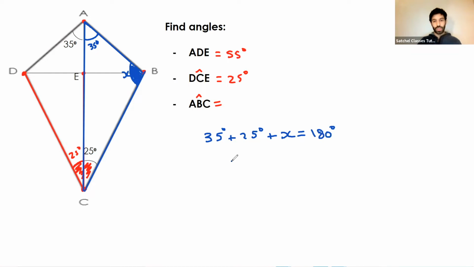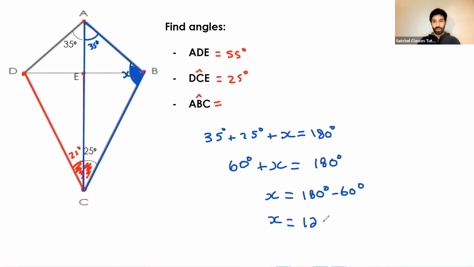So this will give us 60 degrees plus X is equal to 180 degrees. X is therefore equal to 180 take away 60. X is therefore going to be 120 degrees. Now, is this correct? Well, just a fact about kites, these two angles over here, so angle B and D are actually going to be the same.